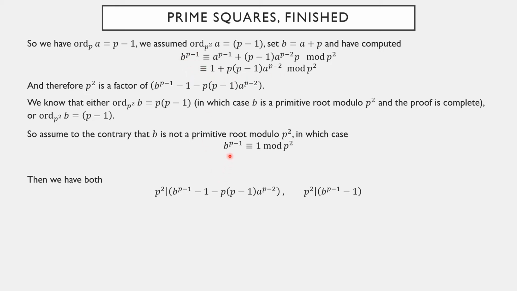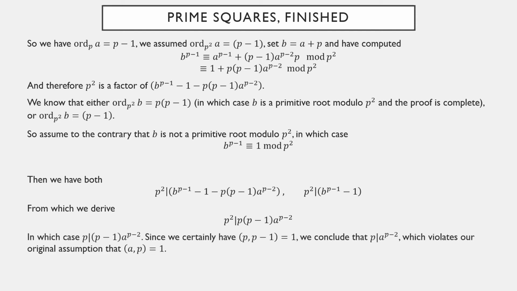But if b to the p minus 1 is equivalent to 1, then p squared is also a factor of b to the p minus 1 minus 1. Now, if it's a factor of one thing and the other, then it's a factor of the difference. So I'm going to take this expression here and subtract from it all of this. So p squared must be a factor of p times p minus 1 times a to the p minus 2.